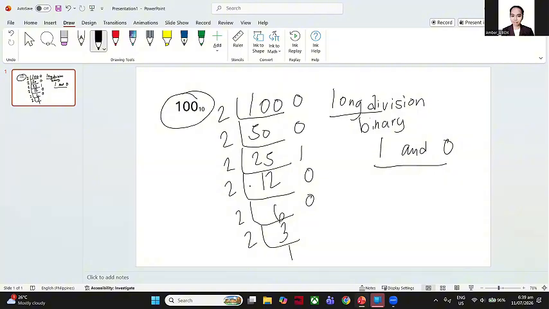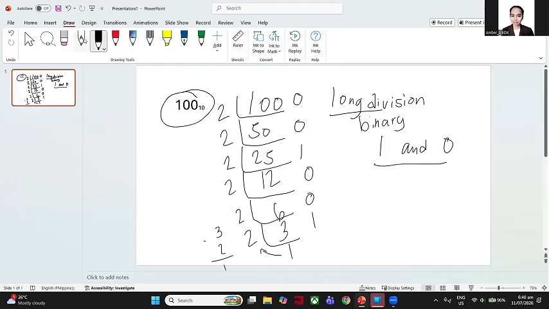Because 2 times 1 is the nearest to 3, so there's a remainder of 1, just like the 12 times 2 to make 25. Then 1.